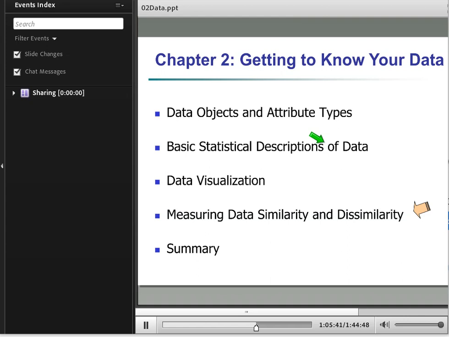I don't spend more time for data visualization because it's not too important for me in this course. During the term, when I give you the assignments, the homework, you can see what you should do and what my questions are.